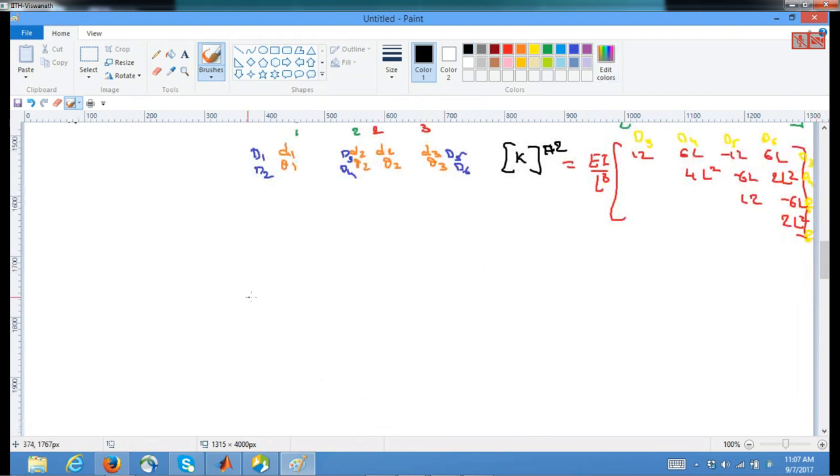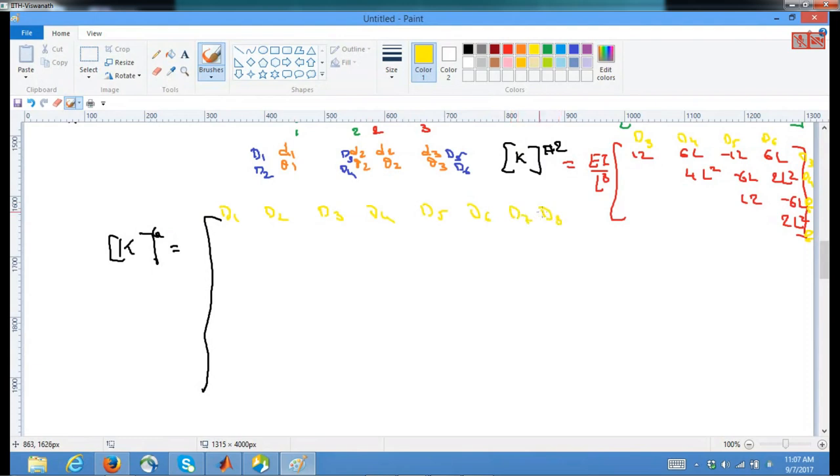The assembly K G was such that, with respect to d1, d2, d3, d4, d5, d6, d7 and d8.